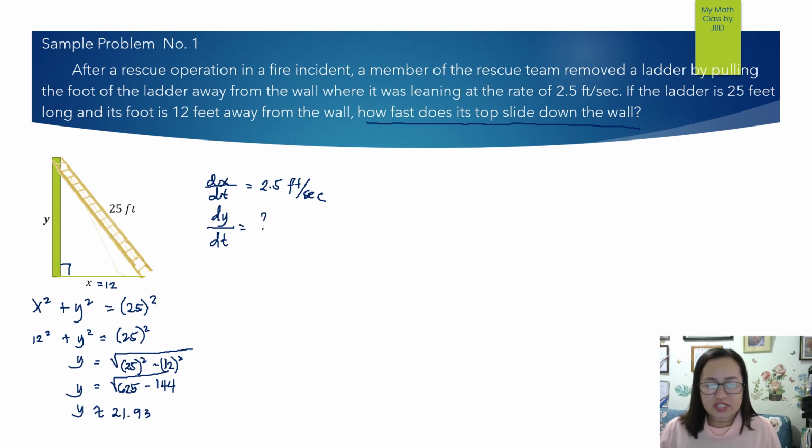To solve for this, just like in solving optimization problems, we need to get the equation.